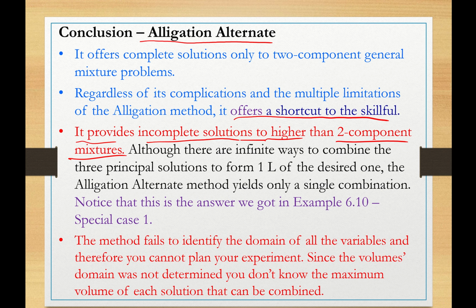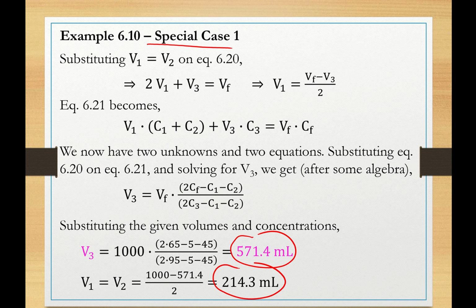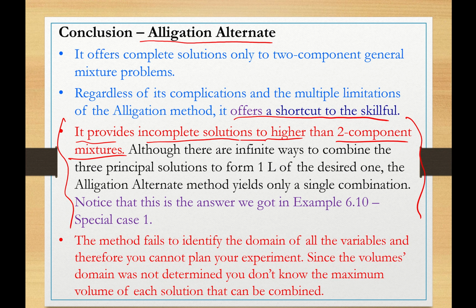So the question I want to discuss is, what if I don't have 214 ml of V1 and V2 of these two solutions? What if I only have 100 ml? What am I going to do? You have no idea because you cannot provide any other solution to this problem.